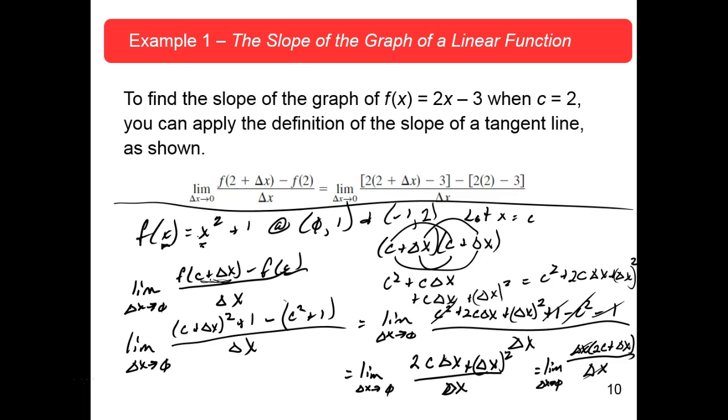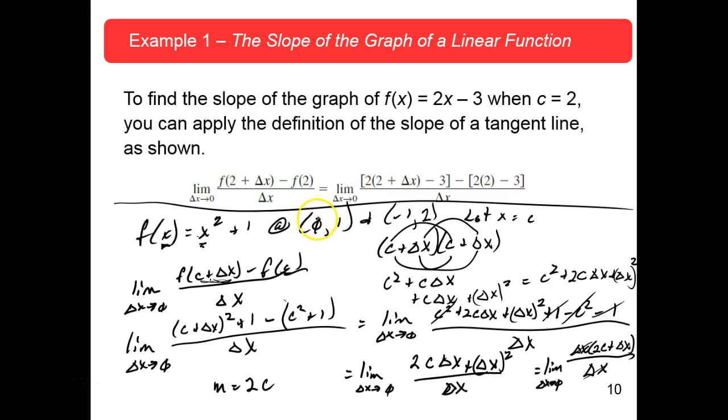So now we can plug it in again. And since we've lost these, when you plug in the delta x of 0 here, what do you get? 2c. 2c is your slope. The slope of the tangent line for any old function like this would be 2c.